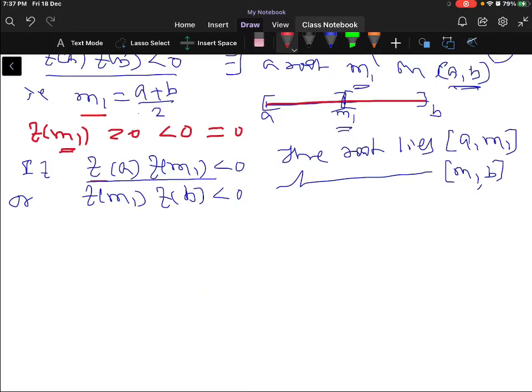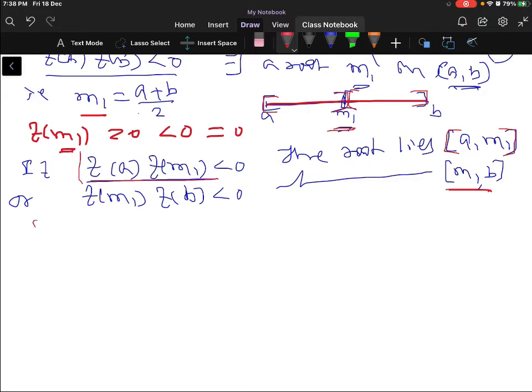Now suppose f of a into f of m1 is negative, then the root lies between the interval a comma m1, where m1 is the midpoint of the interval a comma b. Or if f of m1 into f of b is negative, then the root lies between m1 comma b, the other half of the interval ab.